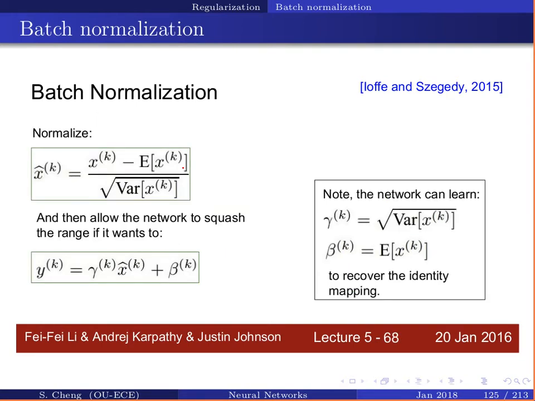So one more thing we may do is, after the normalization, stretch your variable back, in the sense that you scale it back and add back a bias factor, and let this scale factor and this bias be other parameters.